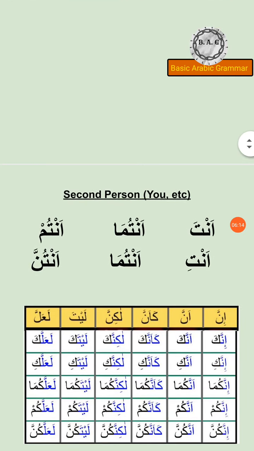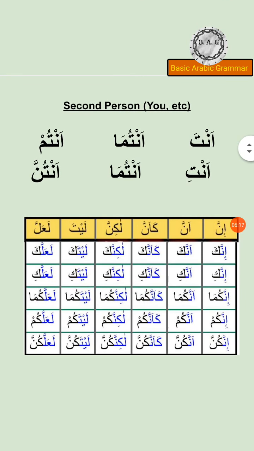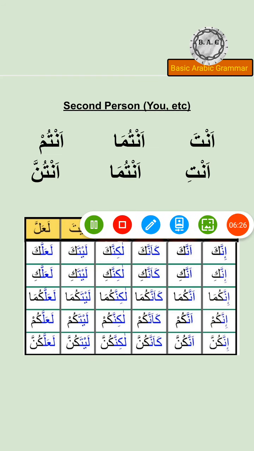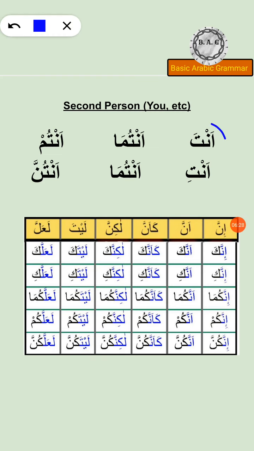The next ones are really easy and there's no important point to discuss. It's really logical. We have anta, antuma, antum, anti, antuma, antunna. These are your rafa pronouns for you, second person. Anta becomes ka, antuma becomes kuma, antum becomes kum, anti is ki, antuma once again kuma, and antunna is kunna.